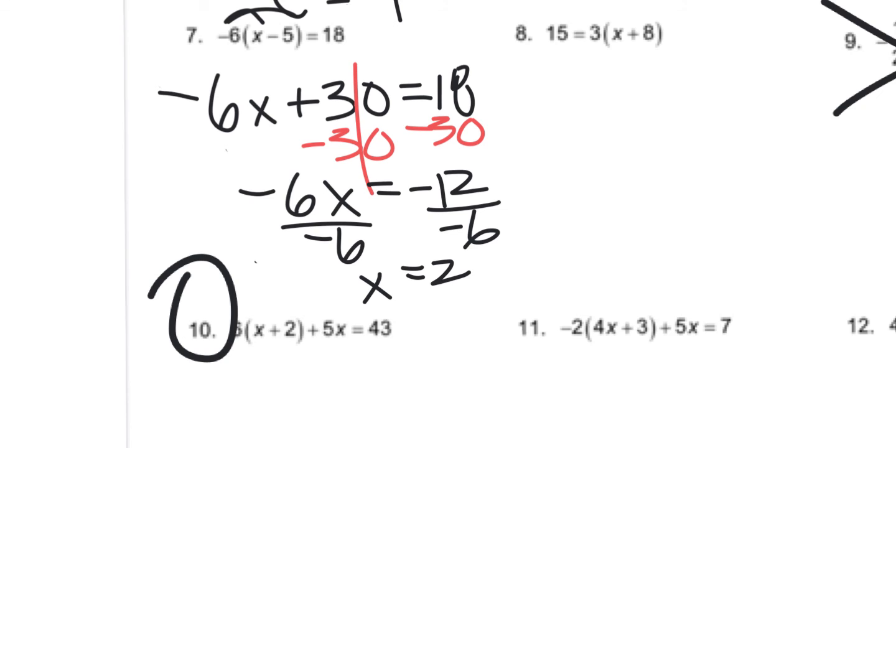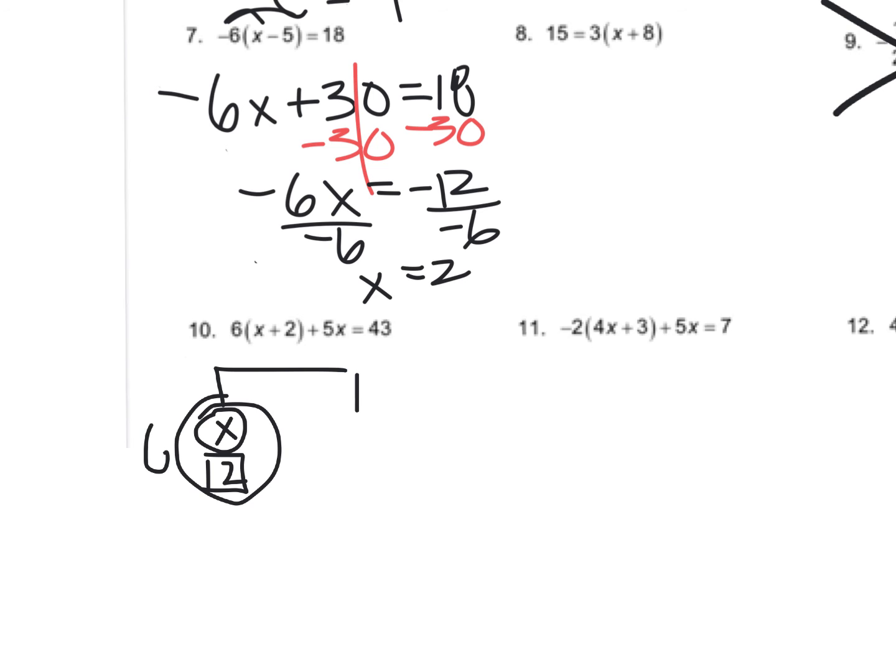Now 10 is a little more challenging, because if you look, we have that 5x on the same side with the 6x plus 2. So if we have like our weight system, it's like we have an x plus 2.